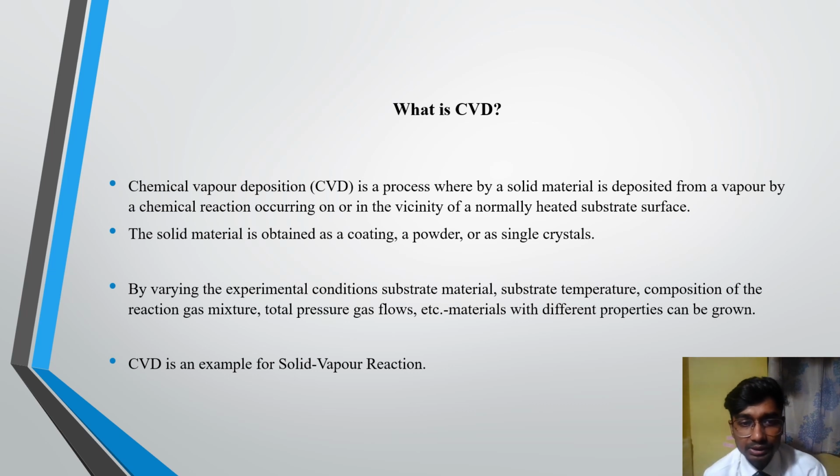The solid material is obtained as a coating, powder, or single crystal. By varying the experimental conditions, the substrate material, the substrate temperature, the composition of the reaction gas mixture, the total pressure, gas flow, etc., materials with different properties can be grown. CVD is an example of a solid vapor reaction.